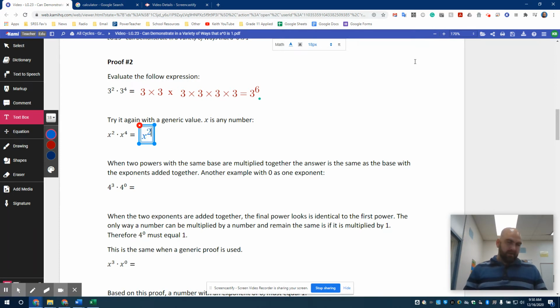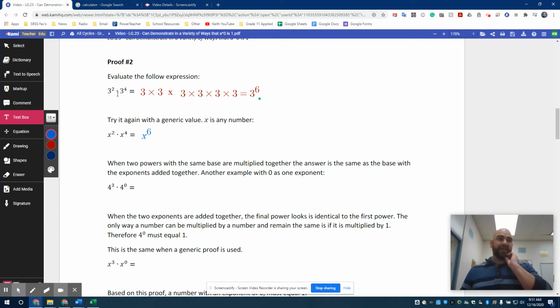Just like we did here, instead of there being a 3, we just replace that with x. So anytime we have two powers which have the same base multiplied together, the answer is going to be the same base with the exponents added together. Therefore, we have 2 and 4, we add them together, we get 6.